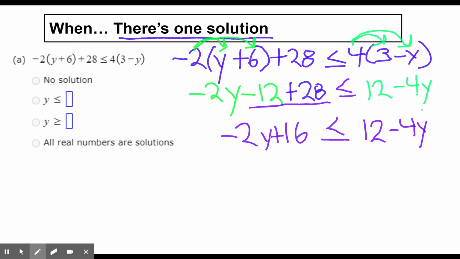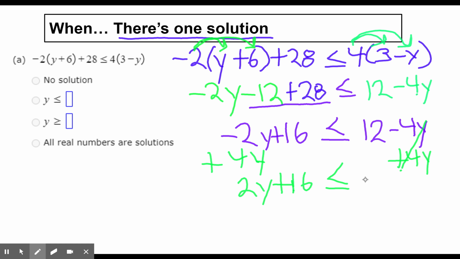So what I'm going to choose to do is add 4y to both sides. The reason why I'm going to add 4y to both sides is because by doing so, that gives me a positive coefficient, and that's really what I want. So now I have -2y plus 4y, which is 2y, plus 16 is less than or equal to 12.